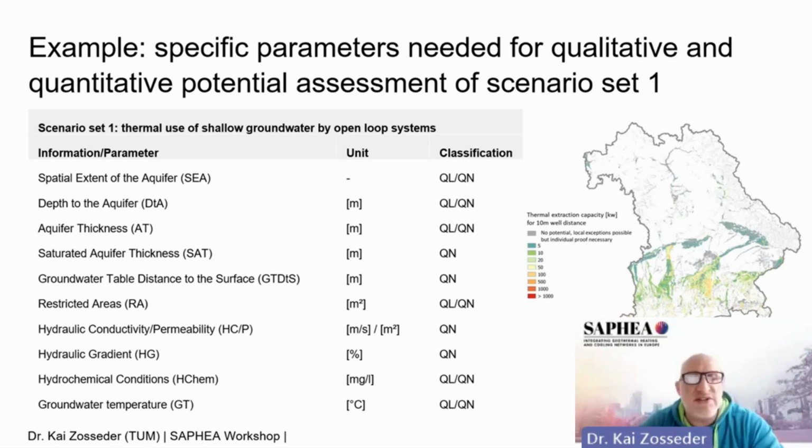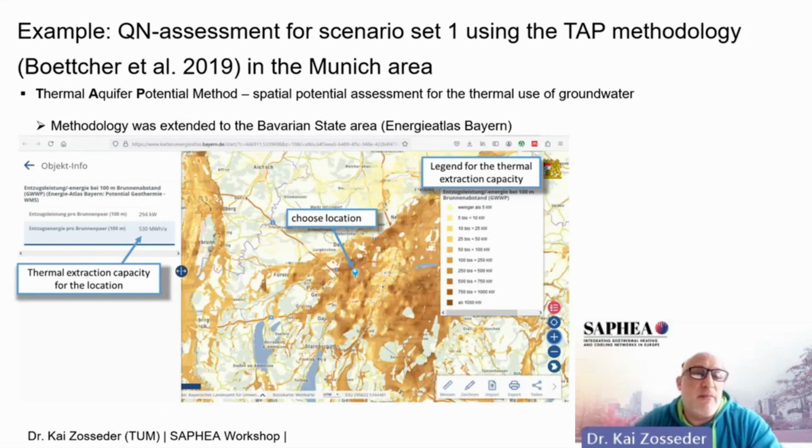We also defined qualitative assessments and quantitative assessments, because for quantification you need more parameters in general. So for a specific source and a specific scenario, you find the relevant parameters for a potential assessment, what you need, and they are linked to what is available, and also some methodologies for how you can assess the potential for specific scenarios and for specific qualitative elements.